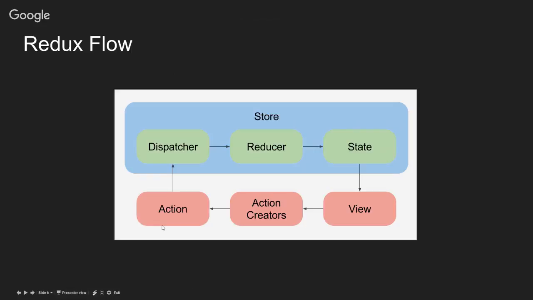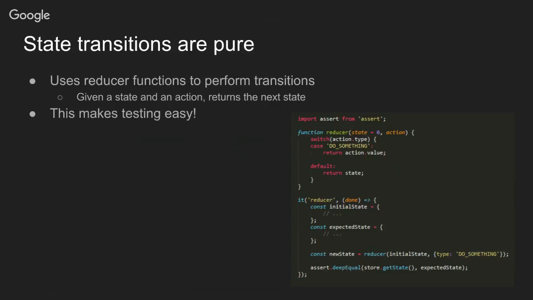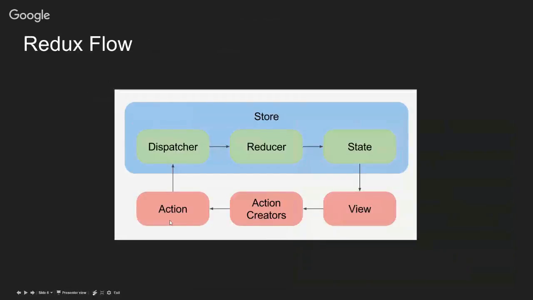For the most part, it's just a plain JavaScript object with a type field, kind of like here, and some other data. That action will get passed into the dispatcher, which will run it through that reducer function that is user defined, which will update the state, and then after all that's done, it will alert the view that it needs to change, and the view will update to reflect that.